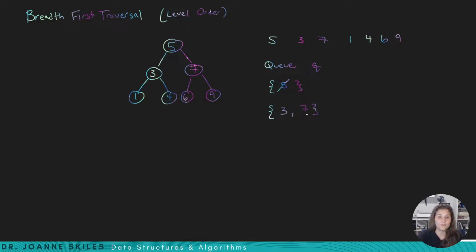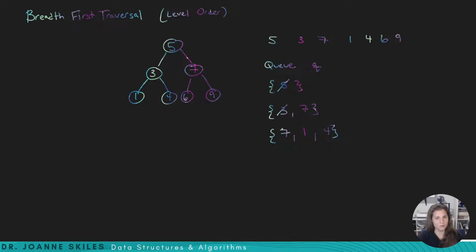Now we go through our queue, and we see 3. We remove 3 and print it here. And then we look at 3 and we see that it has 1 and 4 as its children. So our queue becomes 7 in the front, and then 1 is queued because it's the left child and left goes first, and then 4 is queued.